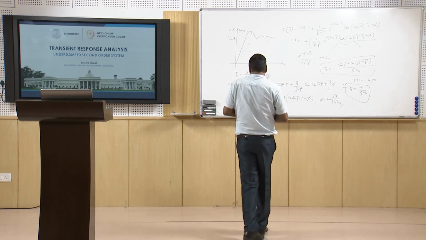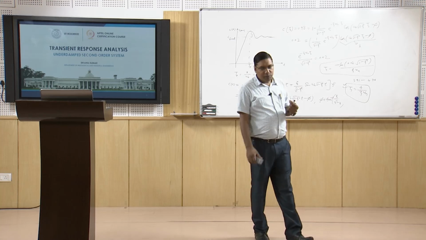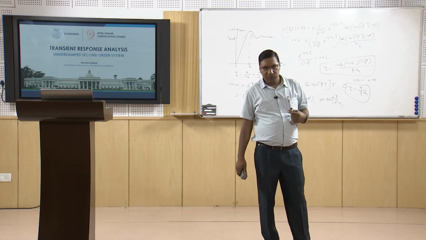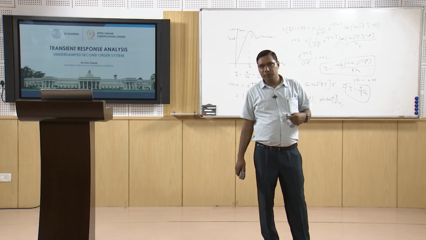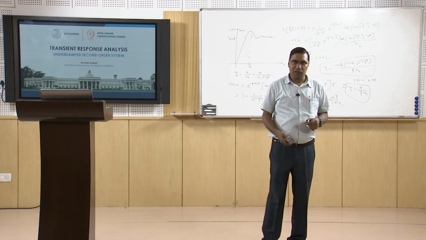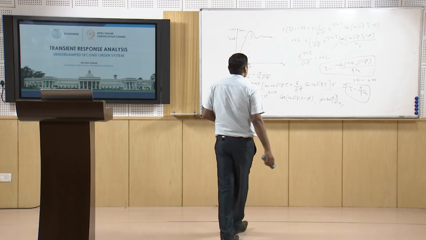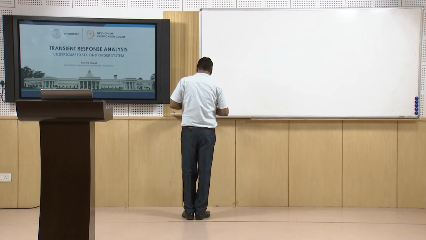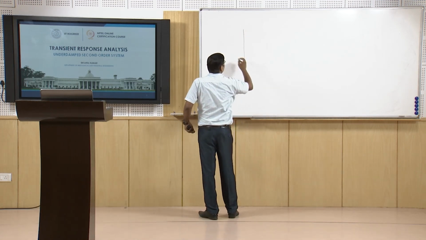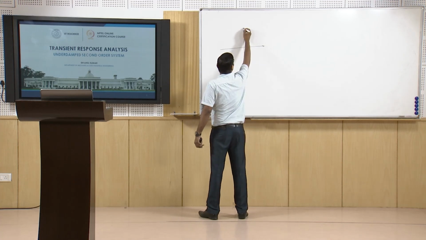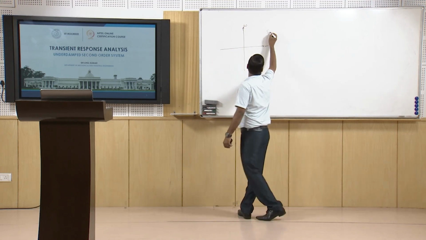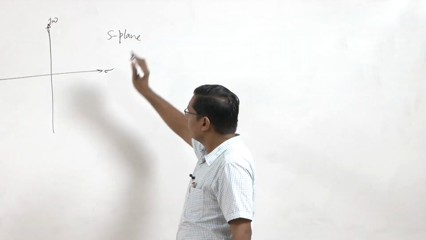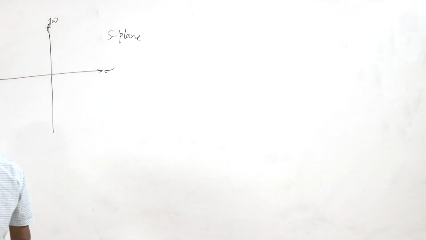Now let's show this underdamped system on the S plane, the poles, and we see what will be the effect of the movement of the poles on the second order system. So we can represent these poles on this S plane. So it is sigma and j omega. This is the S plane, and we have an underdamped system.